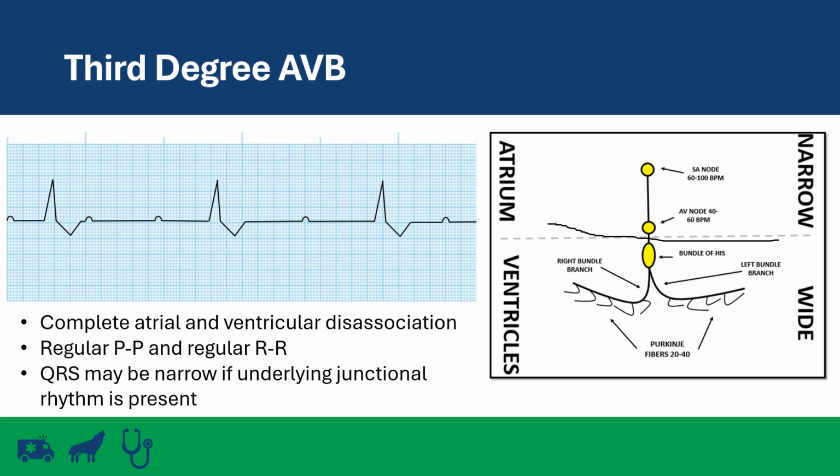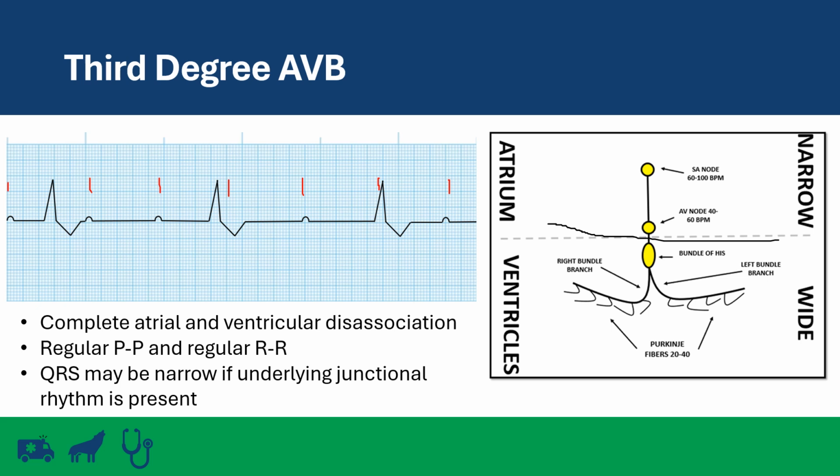We still have P waves. So if I mark on my strip where every P wave is, or where every P wave should be, our P waves are going to mark out regularly, so we can see P wave, P wave, P wave. Now, some of these P waves, we don't see them, and that's because they're buried within the QRS complex. But they line up where they should be.